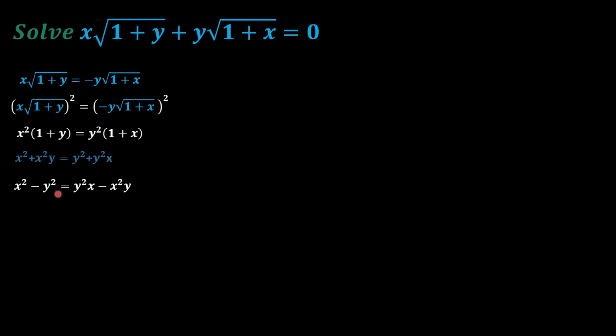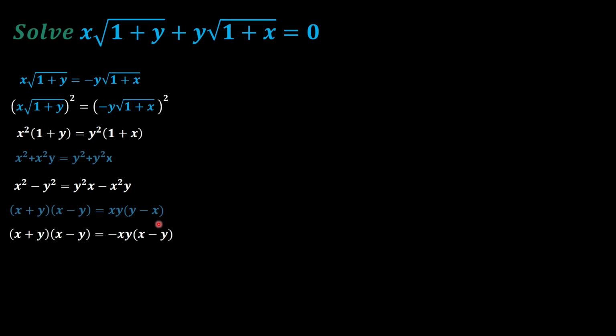Here we can apply the a² − b² formula, and here we can take common the value of xy. So if x is a and y is b, we can open this as x² − y² = (x+y)(x−y). On the other side of the equation, we take common xy and we get y−x inside the bracket.